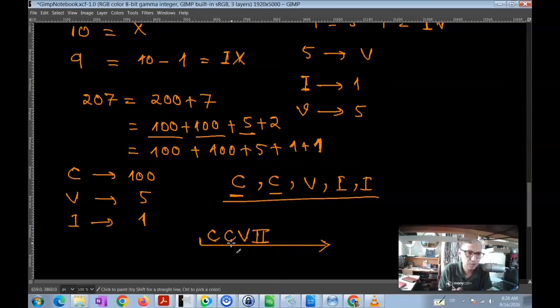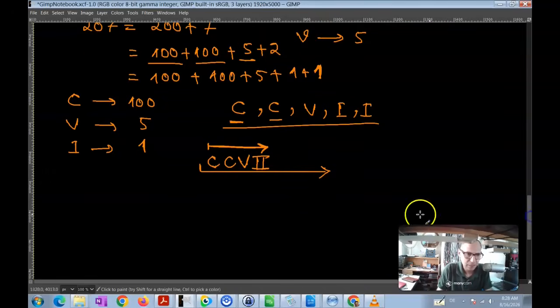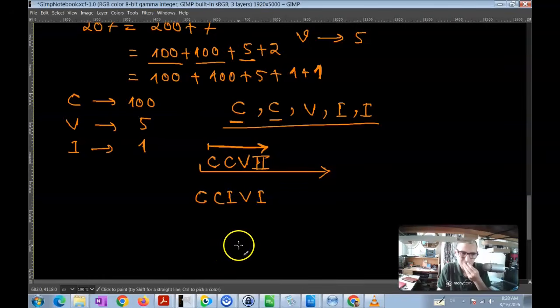And that way all of the symbols are added together. But you see that as I move from the left to the right, I'm starting from the largest value symbols all the way down to the smallest value symbols, right? Now if I make a mistake, for example over here, and write a C, and then put one of these ones over here, and then put the V, which of course doesn't make much sense.